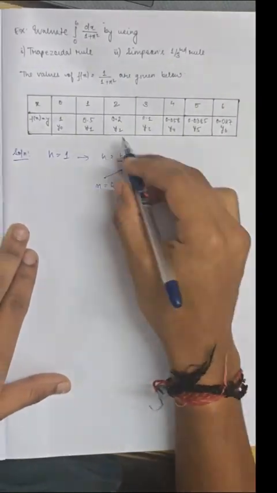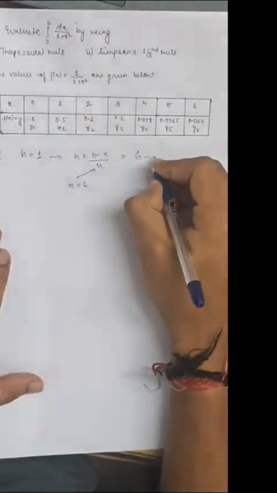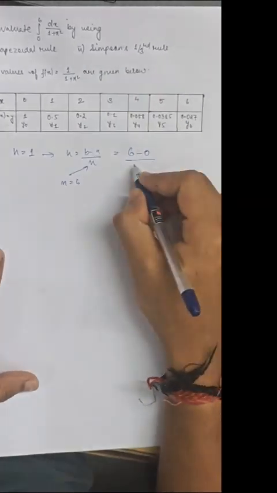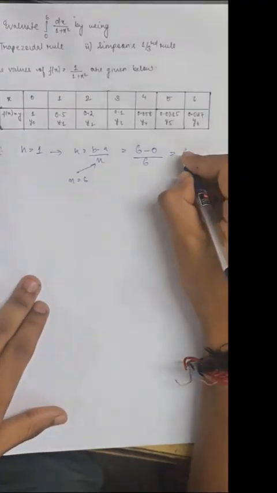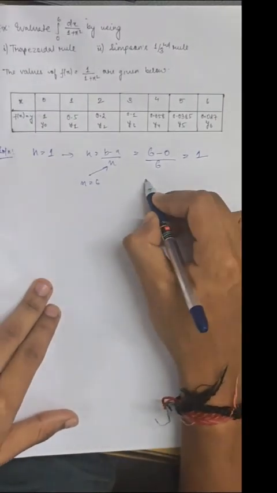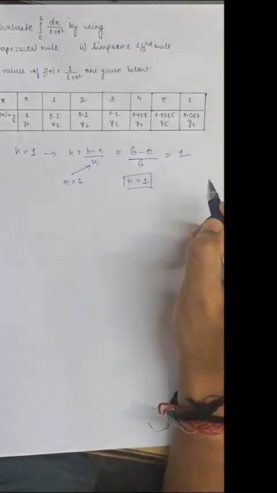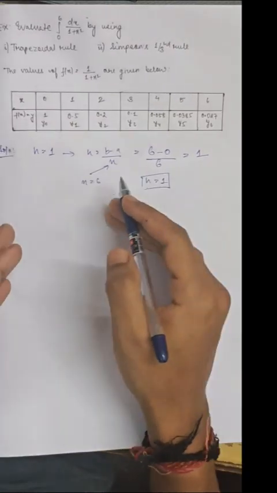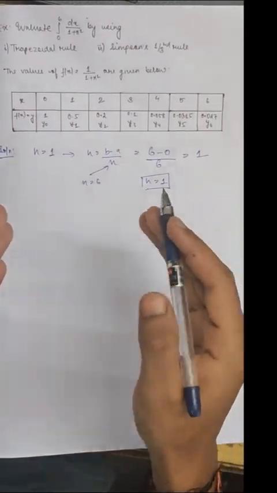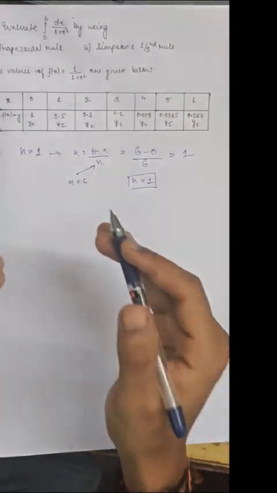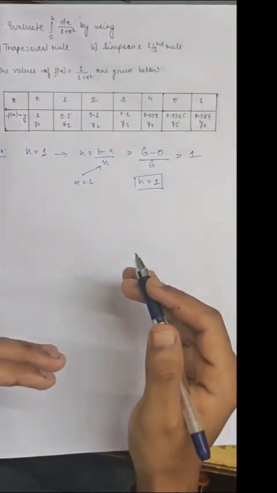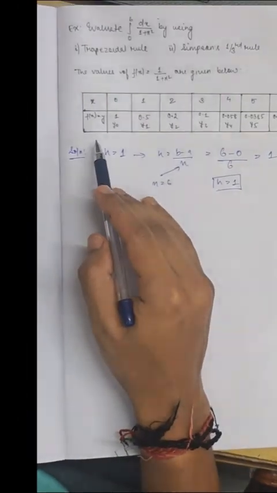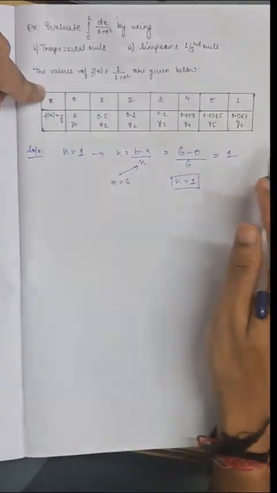So h will be b, our upper limit 6, minus a, our lower limit 0, upon n, which we decided to take as 6 equal parts. So it will be 6 upon 6, and h will be 1. As you can see here, h is going to be 1. So from y0 to y6, we will be dividing our 0 to 6 limit into 6 equal parts, and we have to find the corresponding values of each interval. As you can see, the same is given in this tabular form.